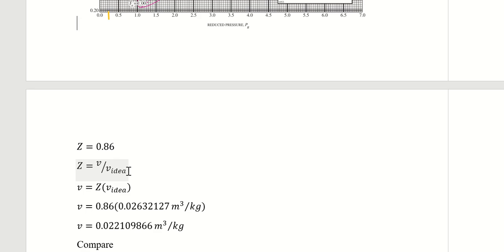So once you correct like terms, the Z is over here, and you get a specific volume which is equal to 0.86 multiplied by the ideal specific volume, which you calculated from part A. So if you failed part A, that means you're going to fail part B, and the whole question is going to be a mess, you know.